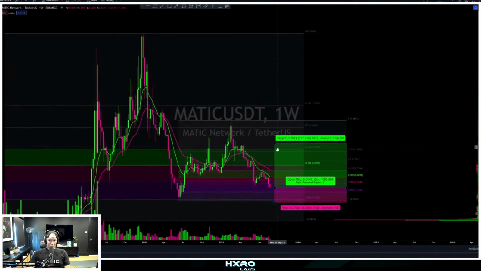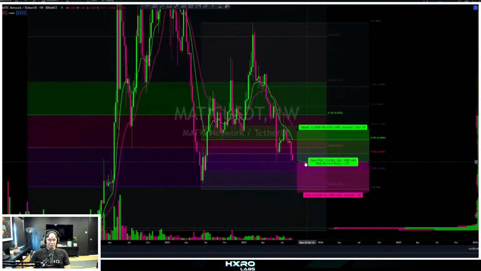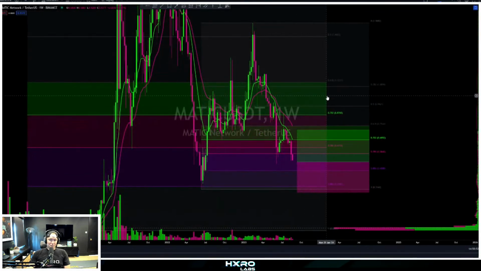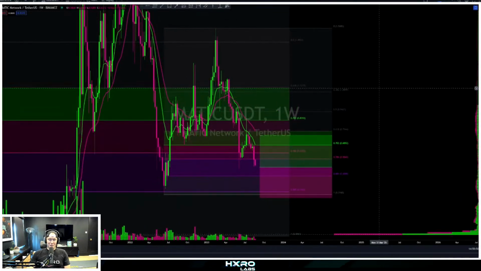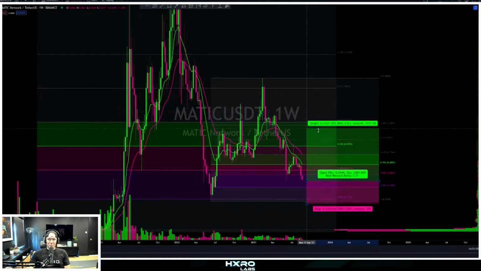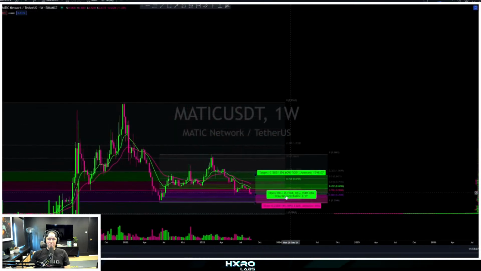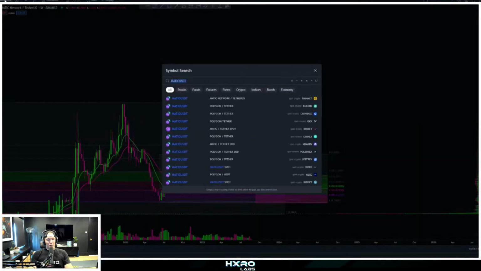If I'm getting into a trade like this, where if I'm wrong, I lose that, and if I'm right, I get this, it's like I'm risking $1 to maybe make $1. So at 50-50, if I'm right 50% of the time, I actually lose on fees, and it's not a very good thing. So finding your entries in ways that you can get a tight invalidation with a reasonable amount of multiples to the upside if you're right. MATIC right now does not present a very good trade.